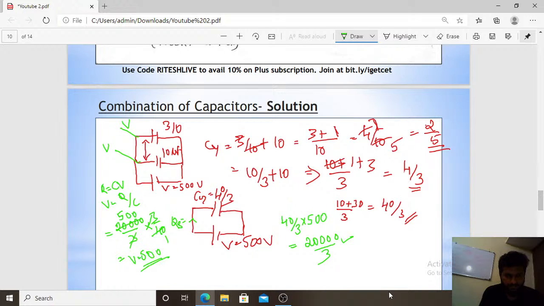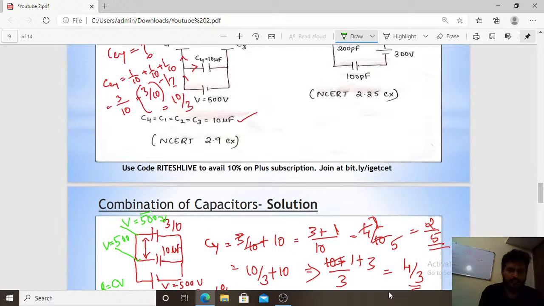Is it right? Hello Purnachandra, thank you for joining. V value is 500 here. Now you need to get the Q value, that is multiplying this value, right or wrong? So what is the value of this capacitor? That is C4.